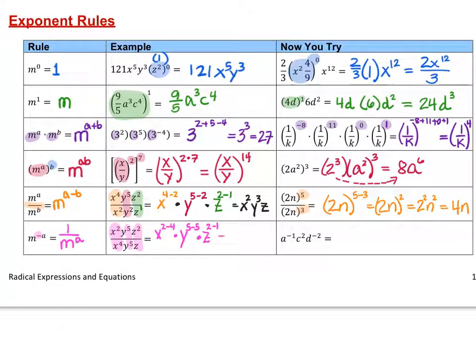Now this is going to give us x to the negative 2 times y to the 0 times z to the 1st. We're not in our final form here, and x to the negative 2 power means that x needs to be in the denominator with a power of 2, y to the 0 power is equal to 1, and z to the 1st power is equal to z. So the result is going to be z over x squared.